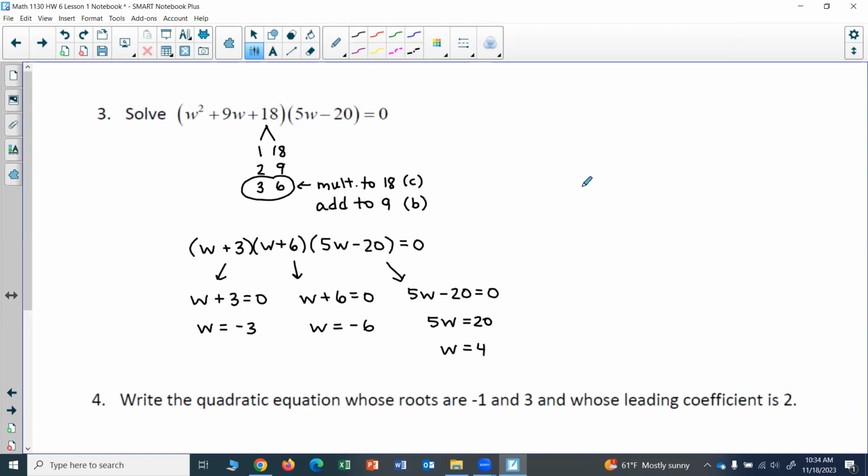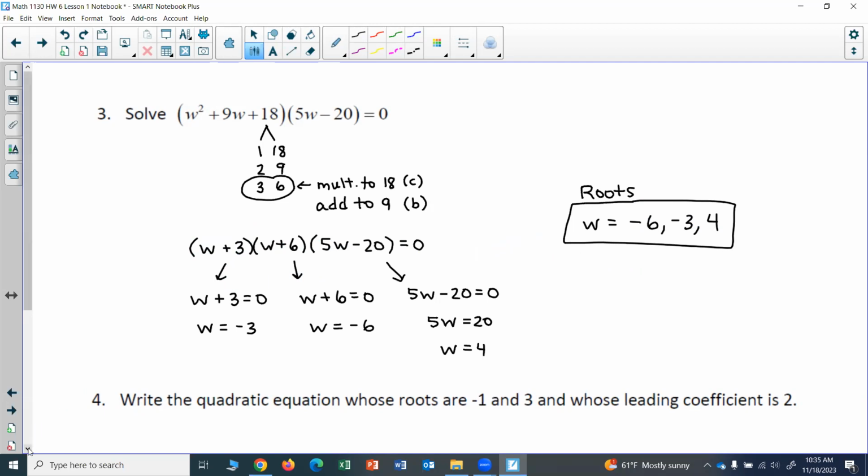So my solutions, or my roots of this equation, are going to be w equals negative 6, negative 3, and positive 4. Notice the signs on the roots end up being the opposite of what you see inside the parentheses. So w plus 3 gave us negative 3 as a root because we're setting that factor equal to 0 and then solving.